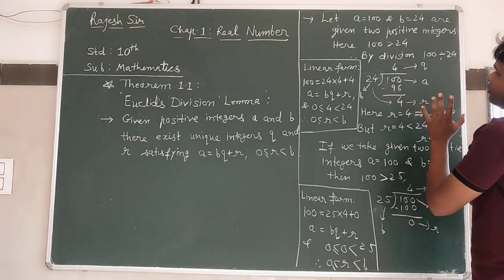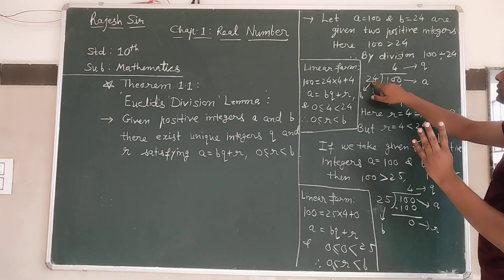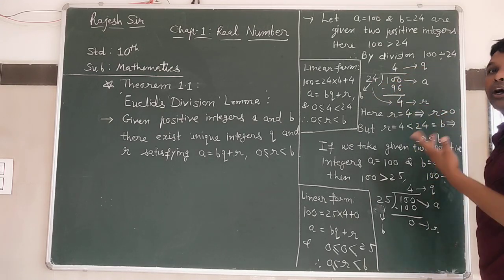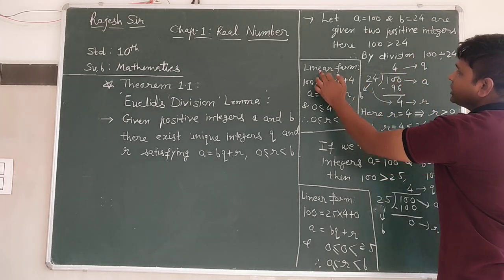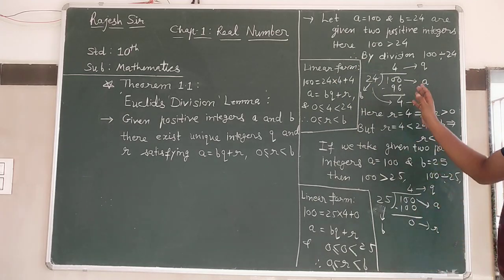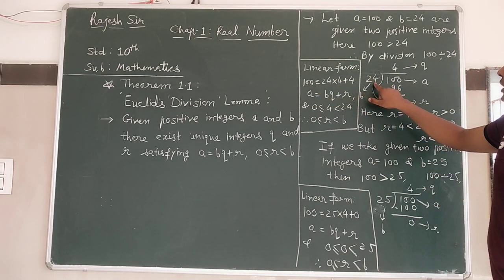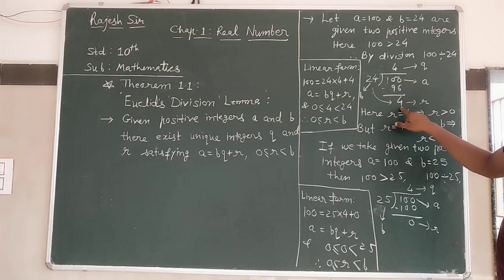Now we have 4 integers: 100 and 24 were given, and the quotient and remainder we found by division. Now we want to convert this into linear form. In linear form, 100 equals 24 into 4 plus 4.